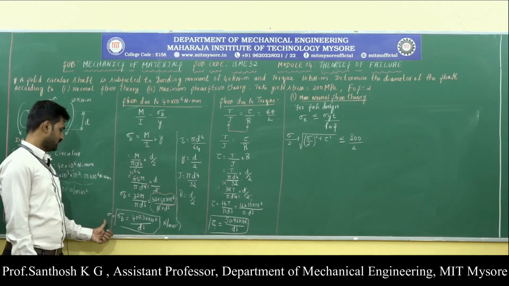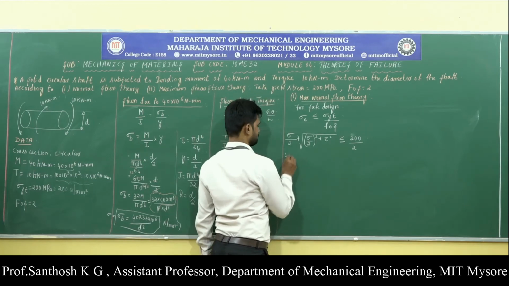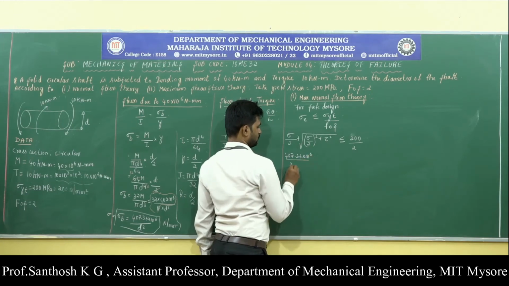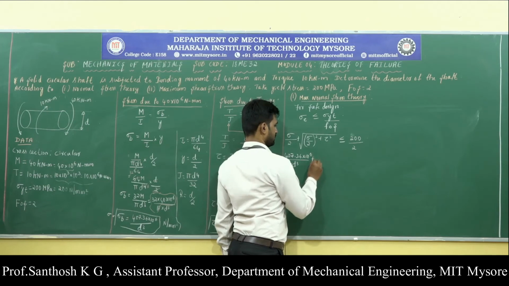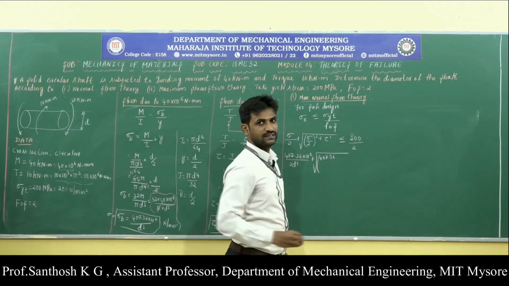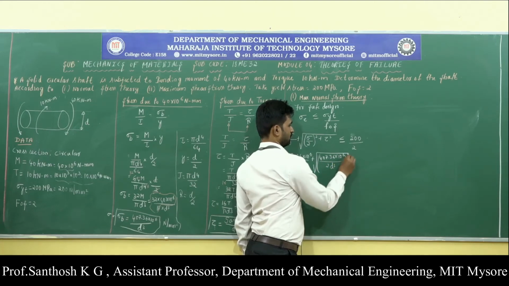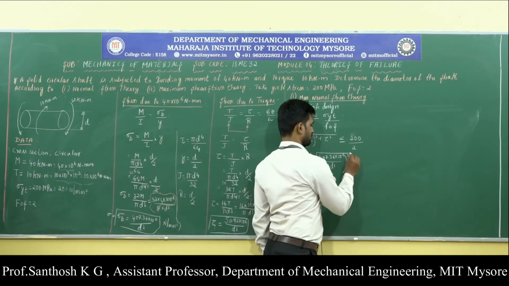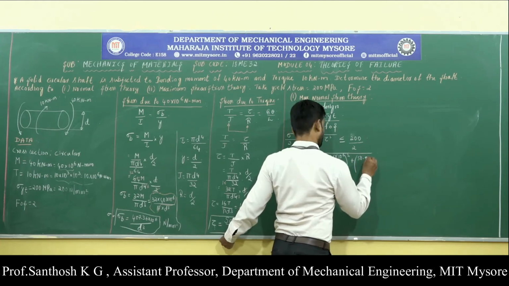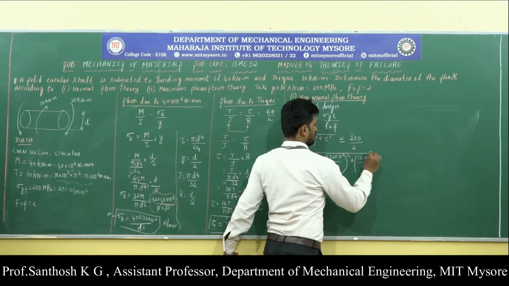Therefore we can take sigma b itself as sigma, and it equals 407.36 into 10 to the power of 6 divided by 2 times d cube, plus square root of (407.36 into 10 to the power of 6 divided by 2 times d cube) whole square plus the value of tau, which is (50.92 into 10 to the power of 6 divided by 2 times d cube) whole square.